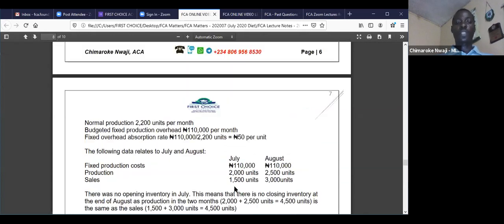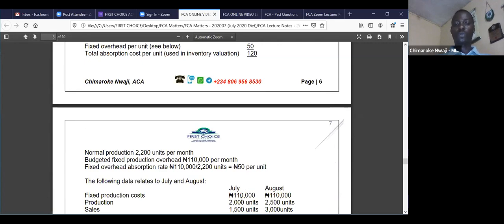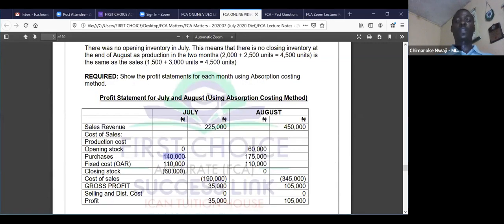So how did you get the 140? 35, 25, 10. This is 70. So this 70 multiplied by how many quantities was produced? 2,000. Multiplied by 2,000 gives us 140. So the same thing we did in the previous example, marginal costing, we got the same 140.